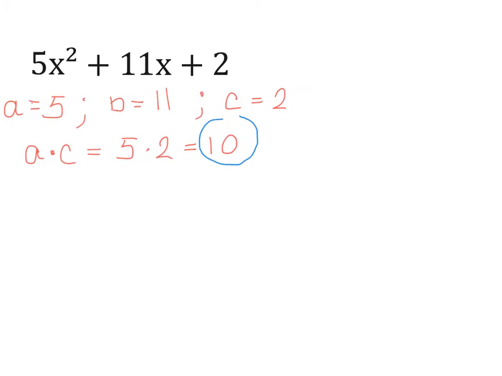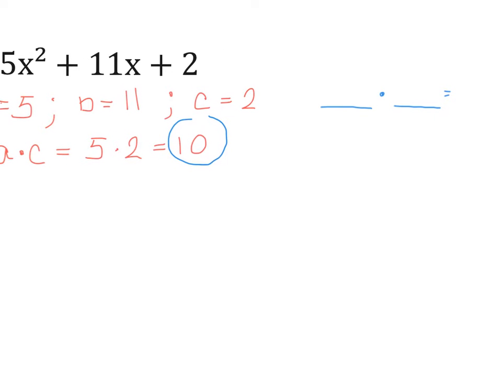We want to find the two factors that multiply to equal 10, and the same two factors that add to equal 11. I'm choosing 11 because 11 is the b term. So we want the same two factors that add to equal b.